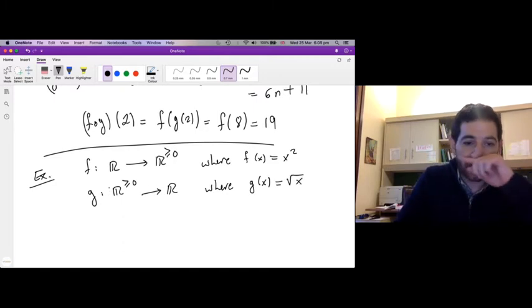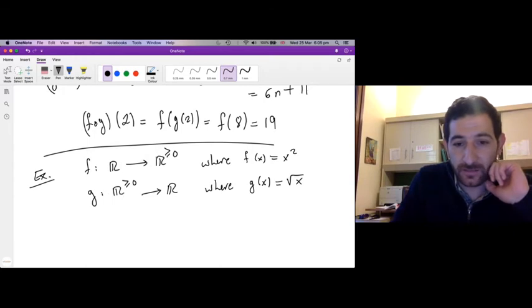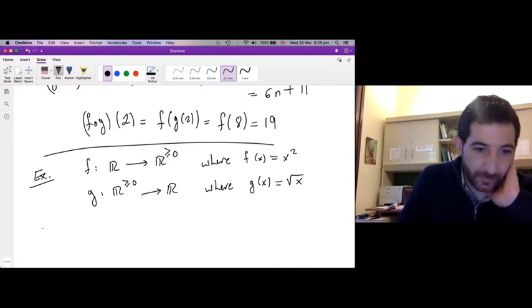And notice here, we need the domain to be non-negative real numbers, otherwise we can't compute the square root of a negative number.